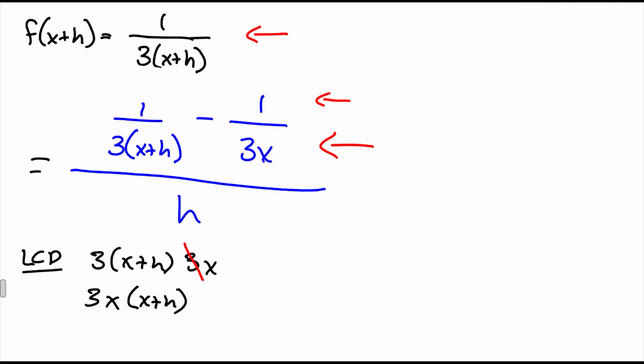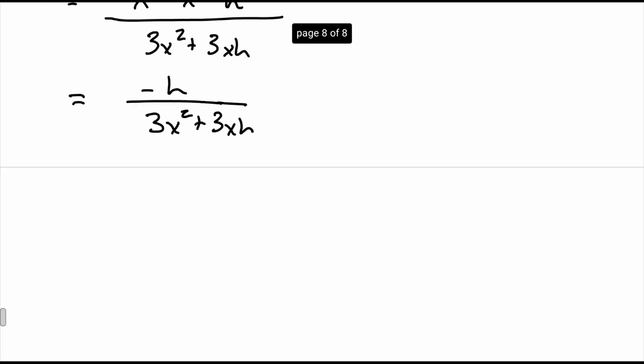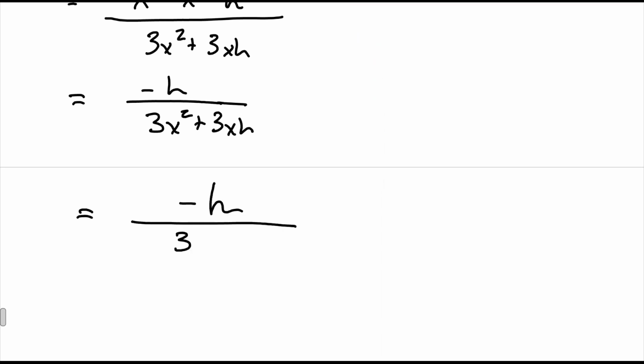But remember, we still have this h on the bottom. So technically, this would be a negative h over 3x squared plus 3xh all over h.